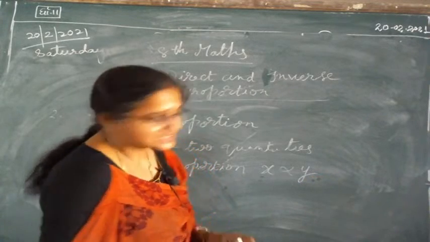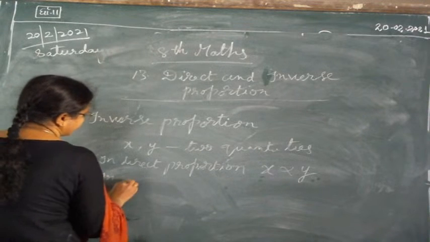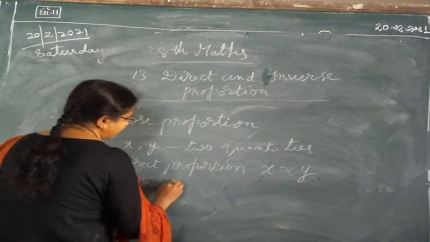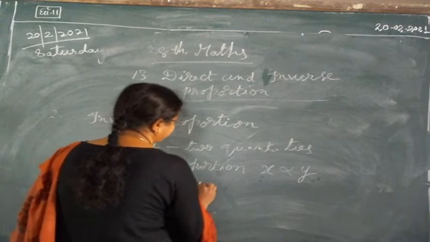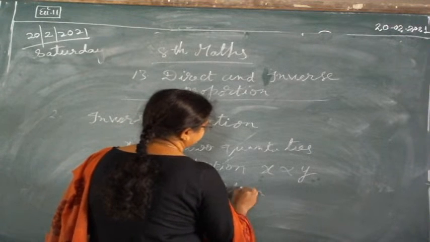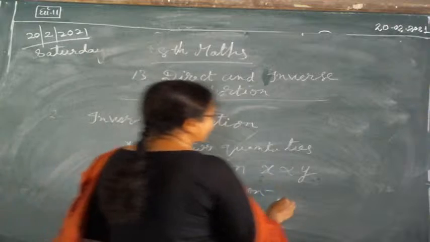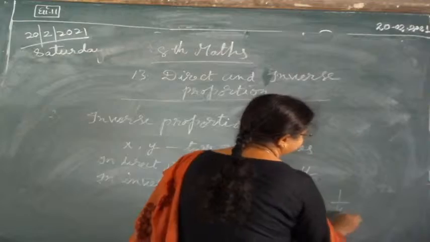When two quantities x and y are in inverse proportion, what happens? The value of x increases, the value of y may decrease.